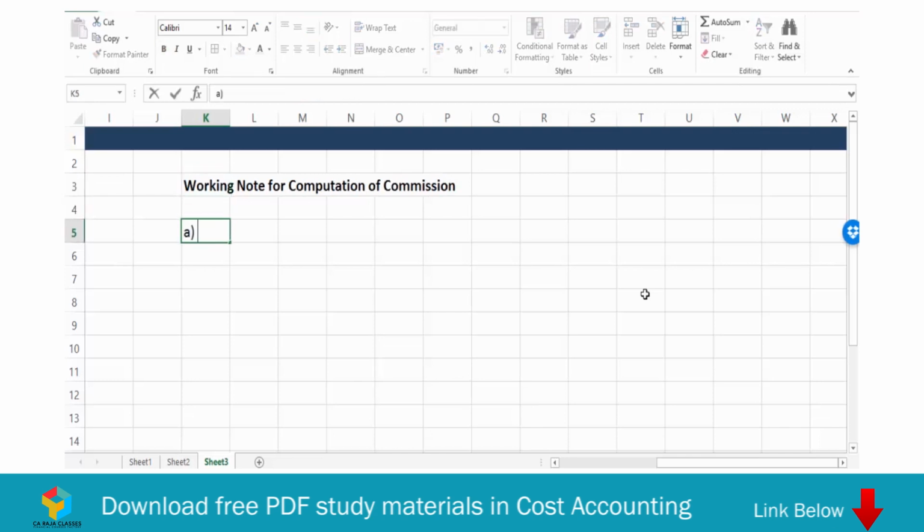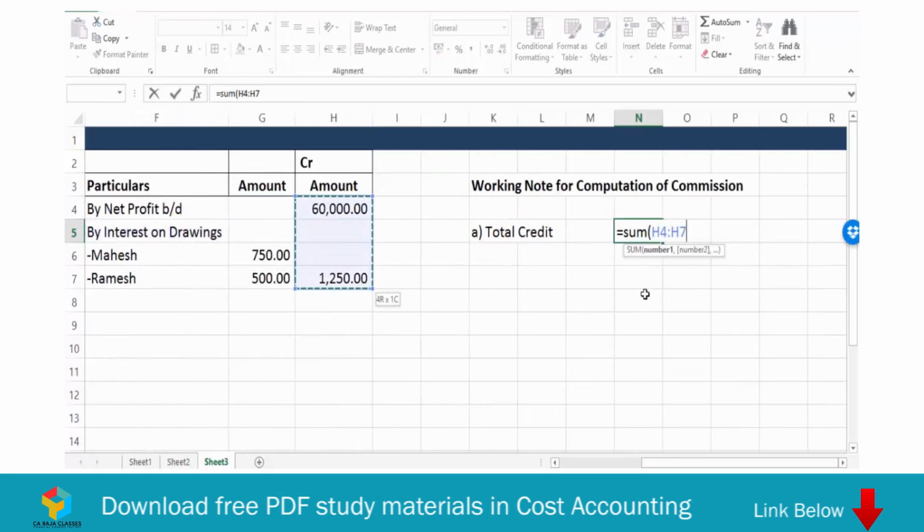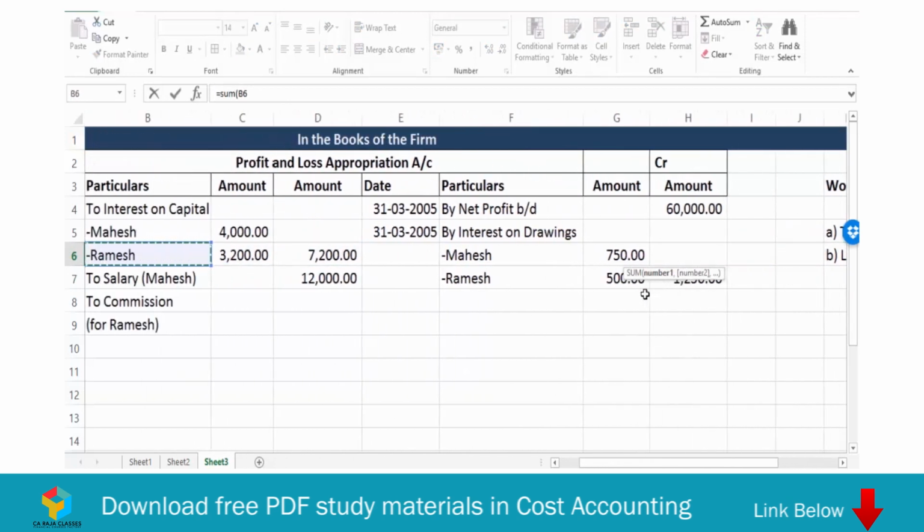What are the items that are appearing on credit? I'll say total credit, and it's going to be simple. I can simply sum these items. There are two items on the credit, which gives 61,250. Now from this I should subtract total debit, the items that are appearing on the debit. It's again two items, 7,200 and 12,000.